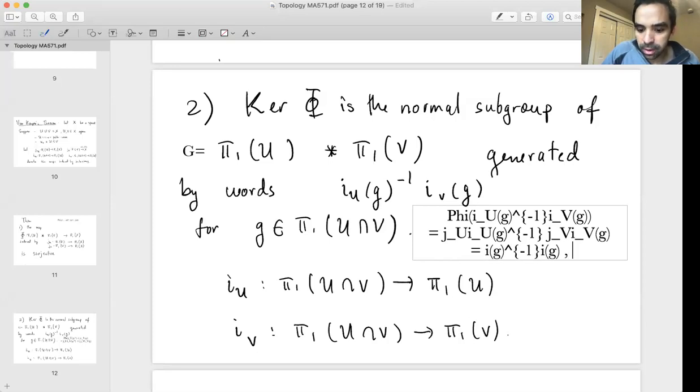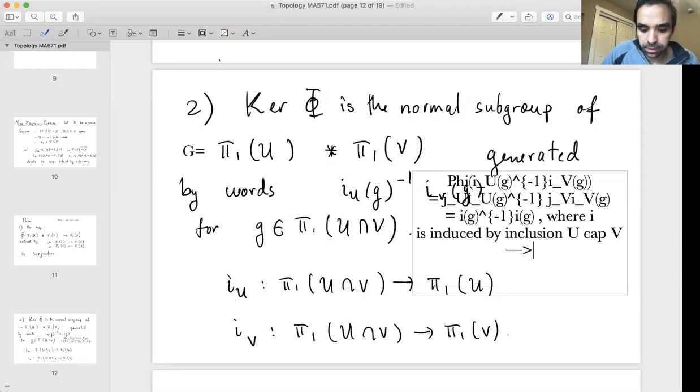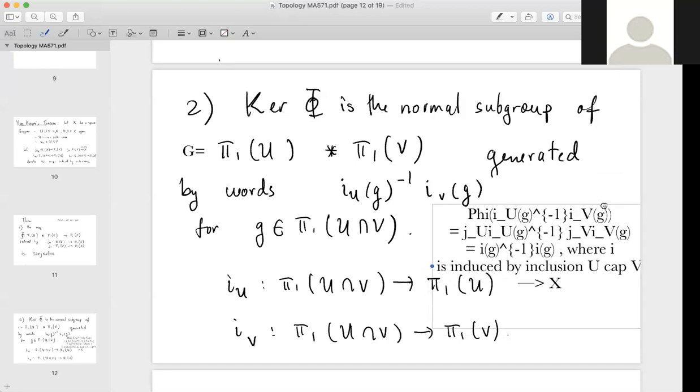where i is the map induced by the inclusion of U intersect V into X, right? That's what I mean. So this inverse, I'm a little unclear. Is it the inverse of i or the inverse of g?